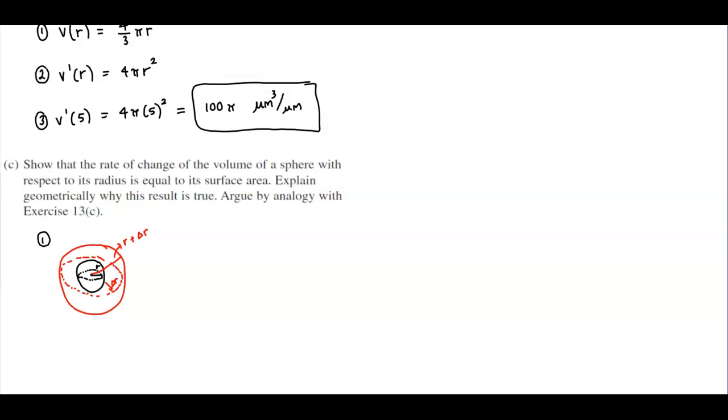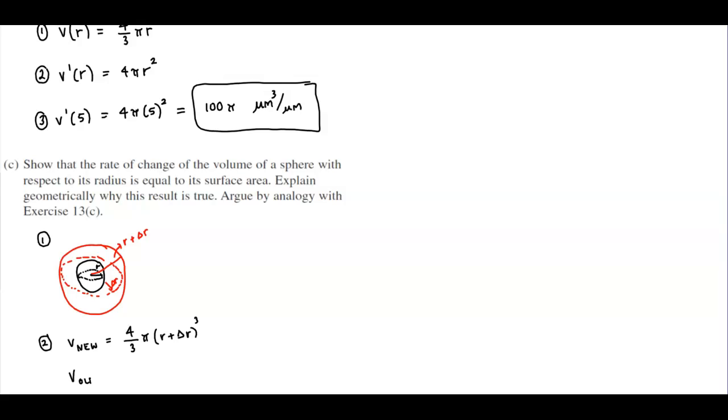Okay, and then what we want to do is find out what the volume of the new sphere is. So we know the volume of the new is going to equal 4/3 times pi, and the radius of the new is going to be R plus the change in R, cubed.